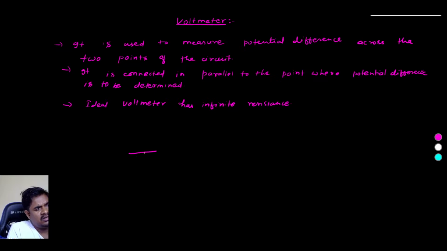Now suppose this is the resistor across which we have to measure the potential difference, 10 ohm.